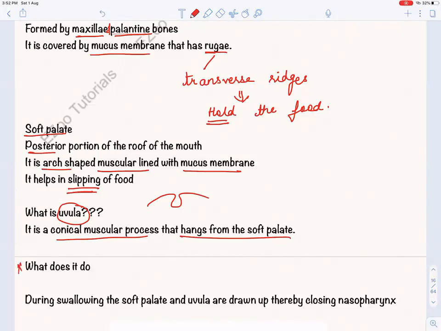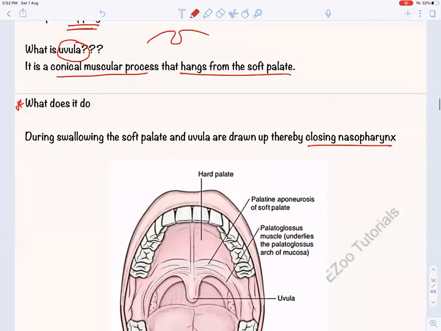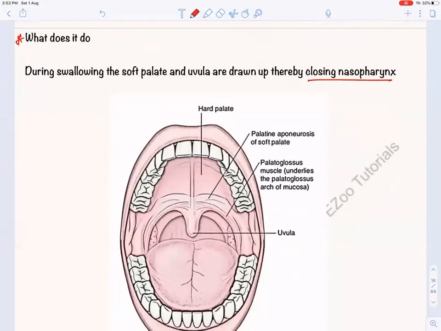What does uvula do? It closes the nasopharynx. You can just feel with your tongue also that the anterior portion is hard, and this is the soft palate, and this is uvula. Okay, hard palate, soft palate, and uvula, and this is the tongue.